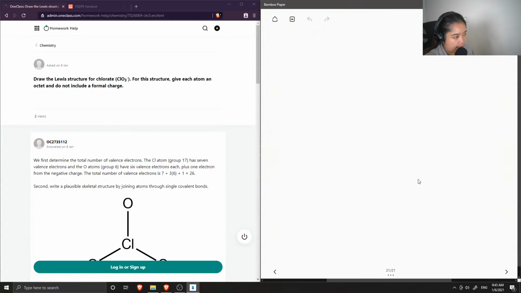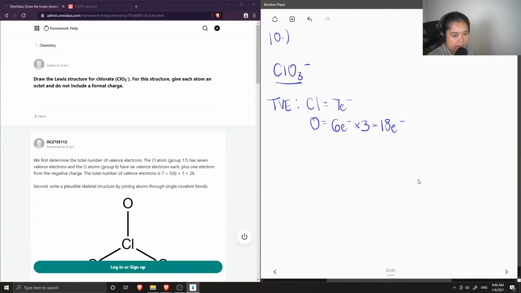Okay, so question 10. Draw the Lewis structure for chlorate, which is ClO3-. For this structure, give each atom an octet, but do not include a formal charge. So first, let's calculate the total valence electrons we should have in this molecule. Chlorine has 7, oxygen has 6, and there are 3 oxygen atoms, which gives us 18.